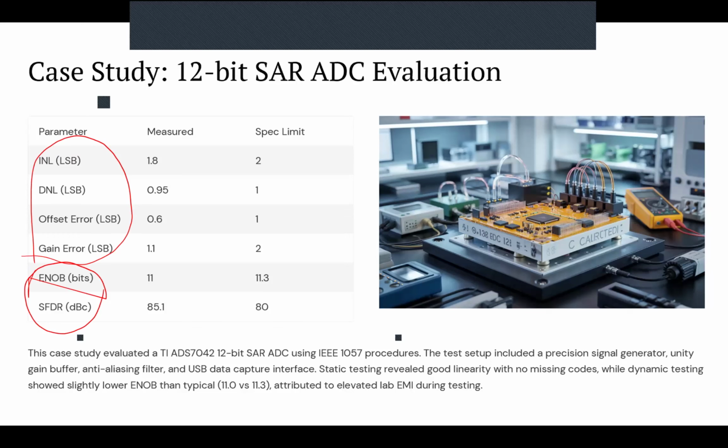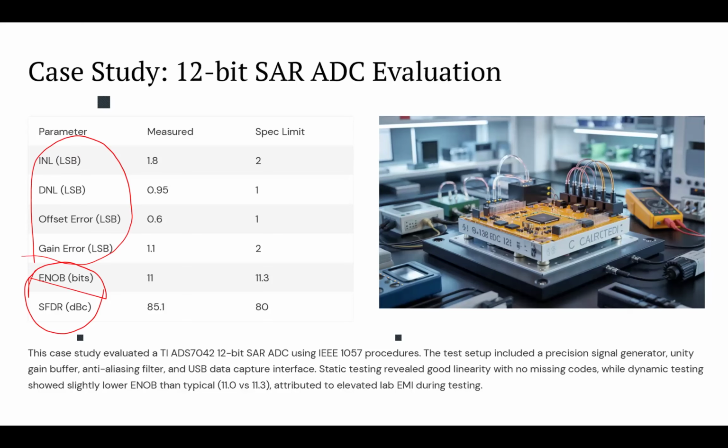Now, in a static test, we are applying a slowly increasing voltage. For example, in this case, we introduced 0 to 3.3 volts based on the architecture and the specification of that SAR, the specific model of SAR that we're using. And we record the digital output.